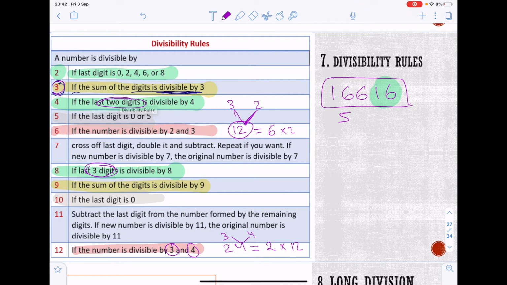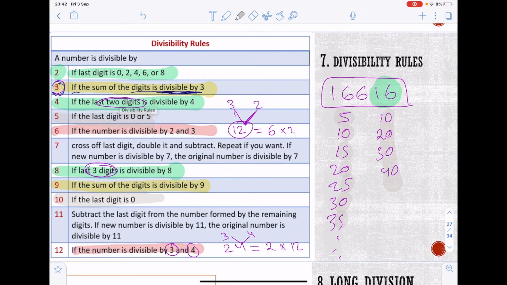The times table 5 is 5, 10, 15, 20, 25, 30, 35, and so on. And in times table 10, it is 10, 20, 30, 40, so the last digit is always 0. So this is the rule of the divisibility by 5 and 10.